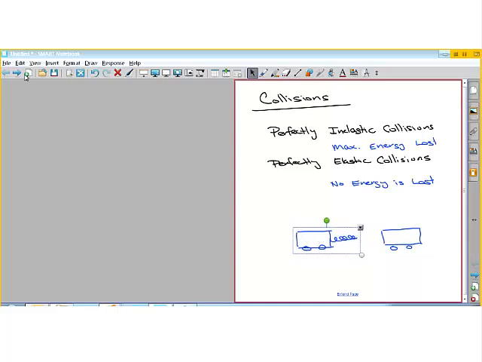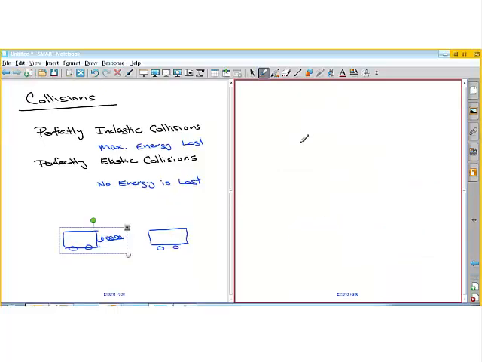Now the case for a perfectly inelastic collision is this kind of scenario where you have, again, let's assume two objects on a cart of some sort, and there's some kind of a coupling mechanism or Velcro, so that when this object comes here and they actually meet, what will happen is after the collision they'll both be stuck together.